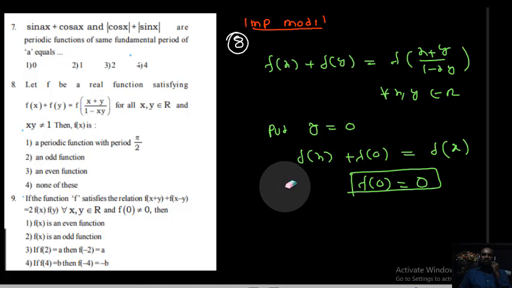Now what should I do? Instead of y I want to write minus x now. Put y equal to minus x.